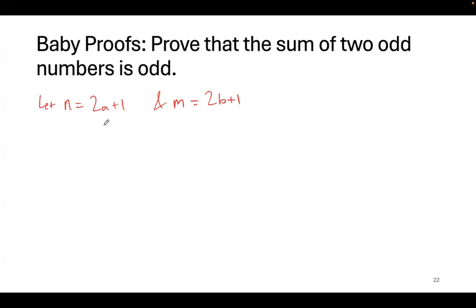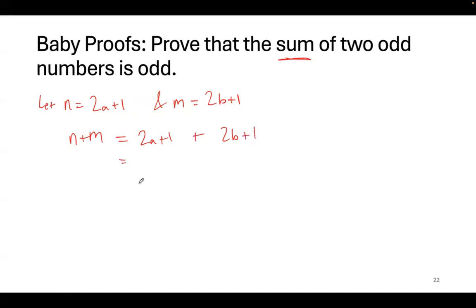That's our starting place. And then what do we do? We're trying to prove the sum of them is odd, so let's add them together. So n plus m is 2a plus 1 plus 2b plus 1.